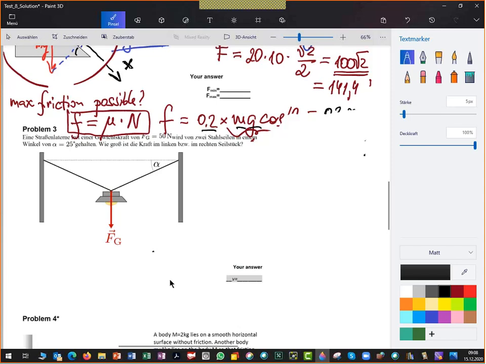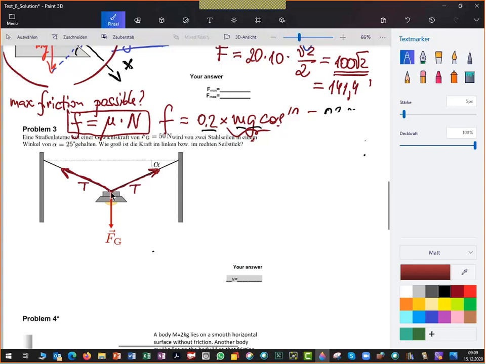So our task is to find the tension in the ropes. So this one and this one. Let's call it T. And first of all, for symmetric reasons, I think it is legitimate and right to assume that both tensions are the same.